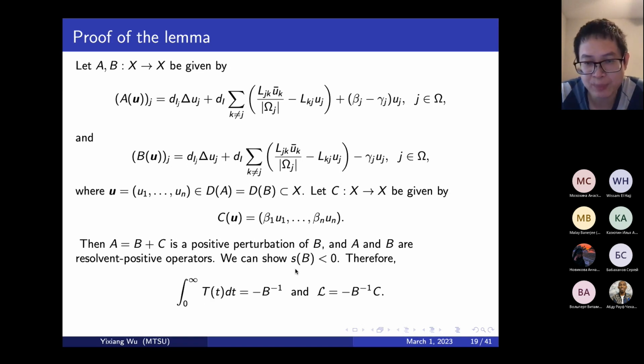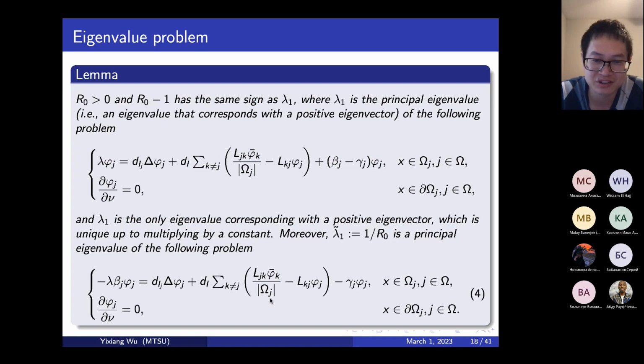And we can show that the spectral bound of B is negative, which means we have this integral of the operator T equals negative inverse of B. This is standard from the semigroup theory. So now you can easily get L really just equals negative inverse of B times C. So L is nothing but this, and using this you can just get this eigenvalue problem.